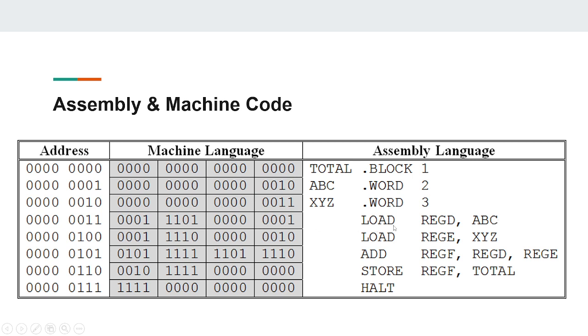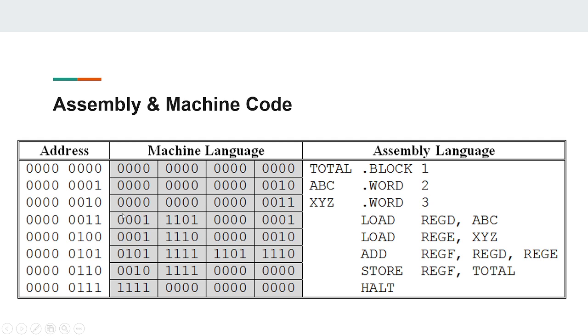So the load operation is: load whatever value is inside this particular address, say address of ABC, into the register D. Load whatever value is in the address of XYZ into the register E, right? So that is what is happening.